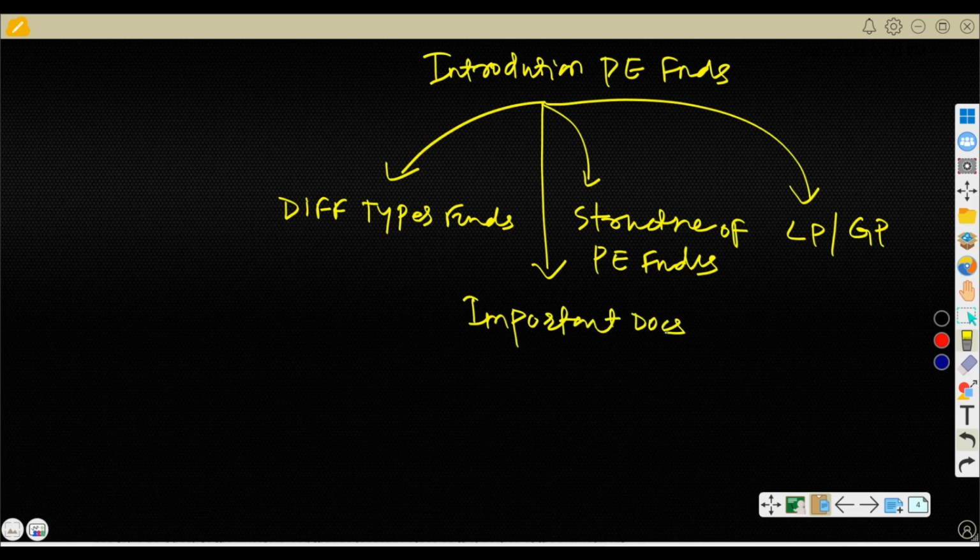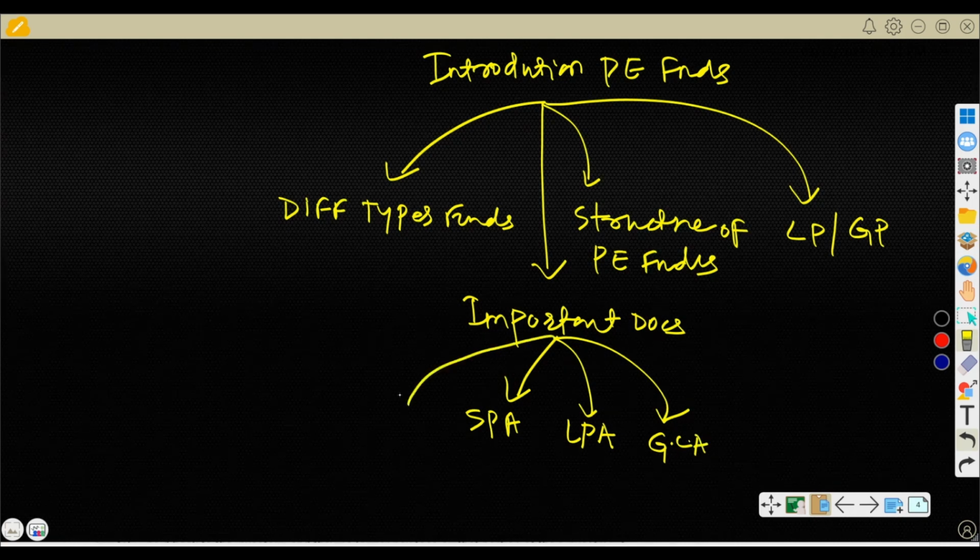Important docs like SPA, securities purchase agreement, then LPA, limited partnership agreement, global commitment agreements or letters, PPM, private placement memorandum, and the term sheet.